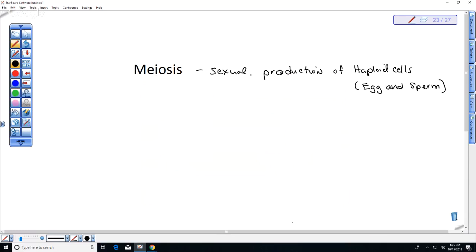It is a special type of cell division that has two consecutive cell divisions. So we have two cell divisions that happen one right after the other. These are labeled meiosis I, with a Roman numeral, and meiosis II.